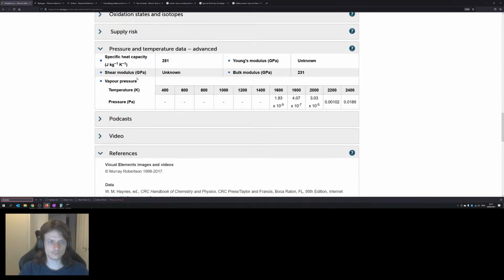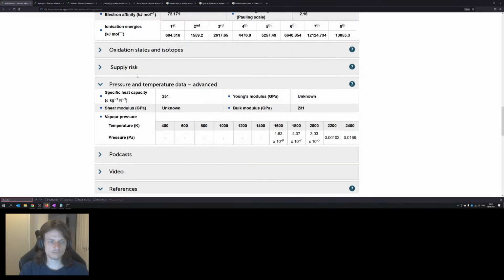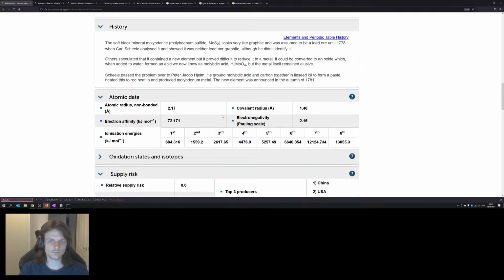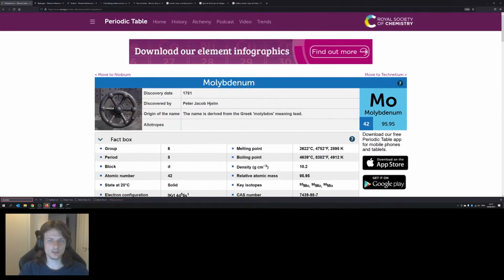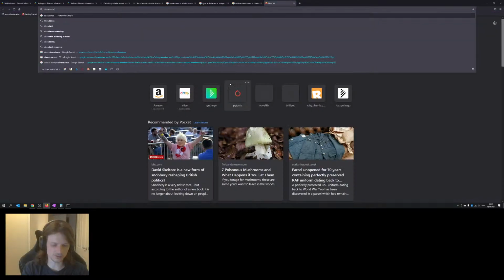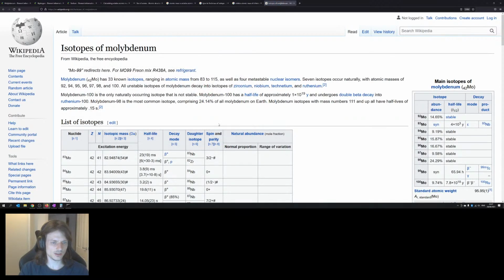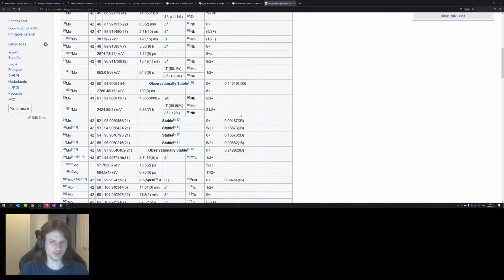If I put in abundance of molybdenum, isotopes, natural abundance.